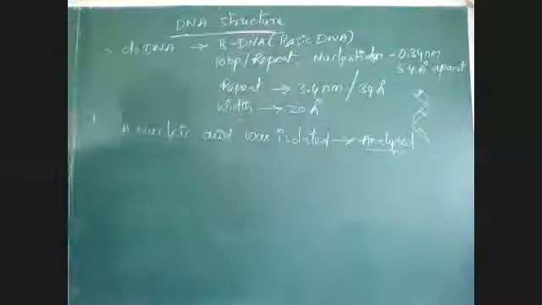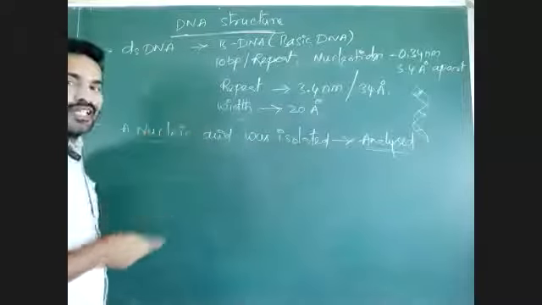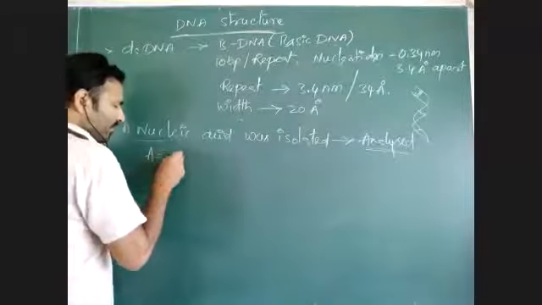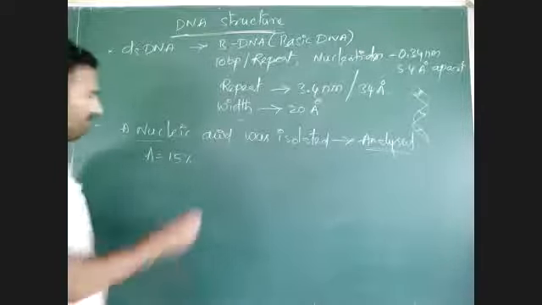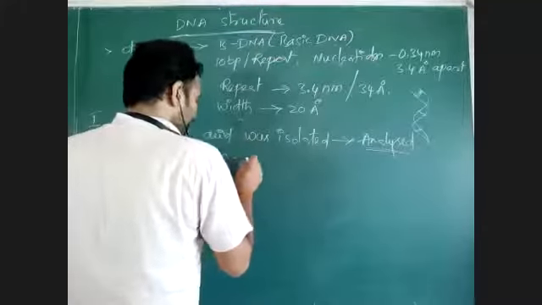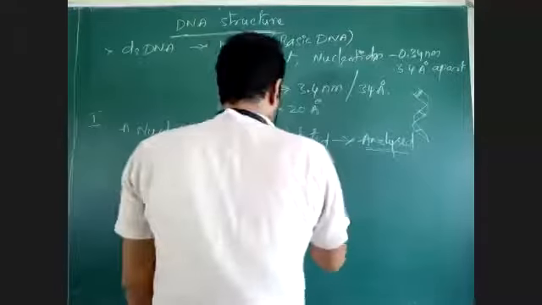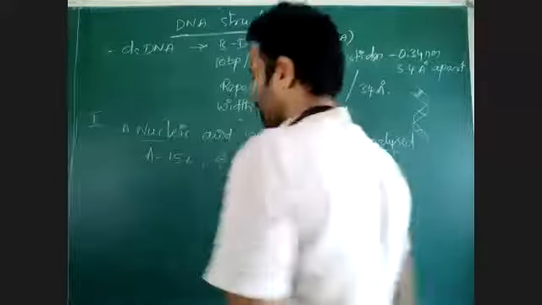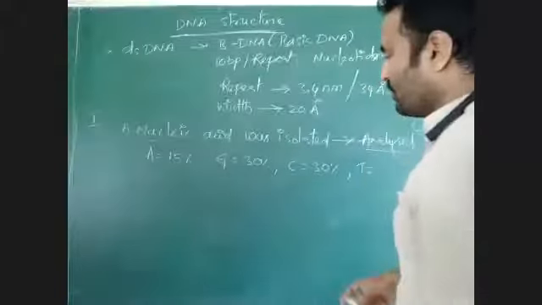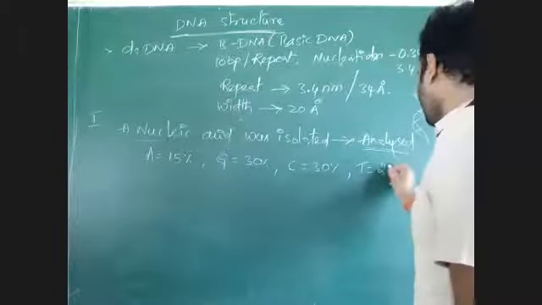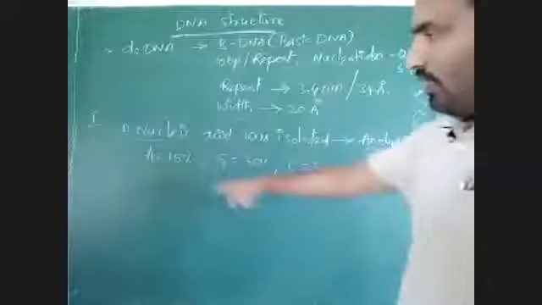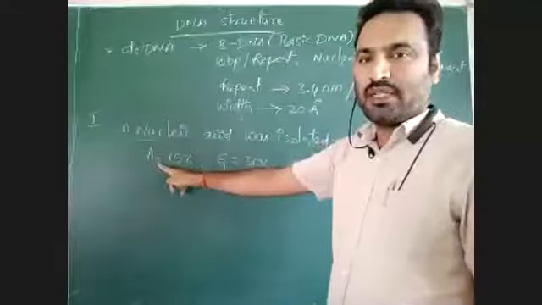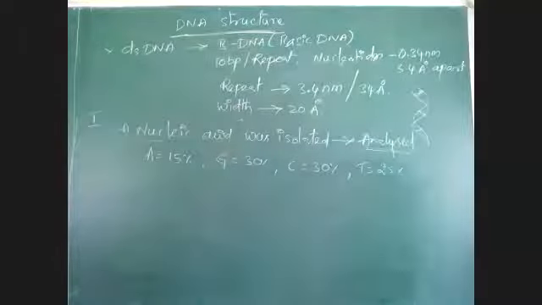When it was analyzed, it was found that the nucleotide composition is like this: adenine 15%, guanine 30%, cytosine 30%, and thymine 30%, a total of 100. This was the data we got.